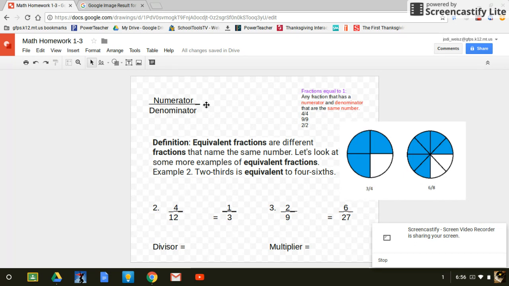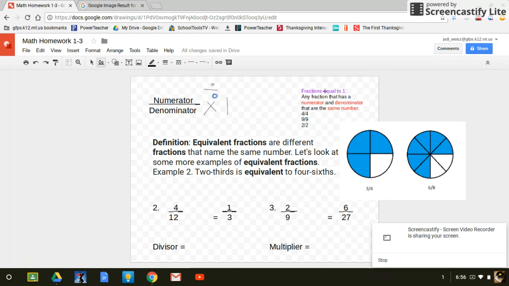We can change any fraction into an equivalent fraction by either multiplying the fraction by 1 whole, or you can divide your fraction by 1 whole.